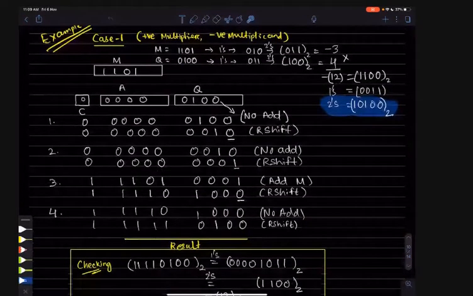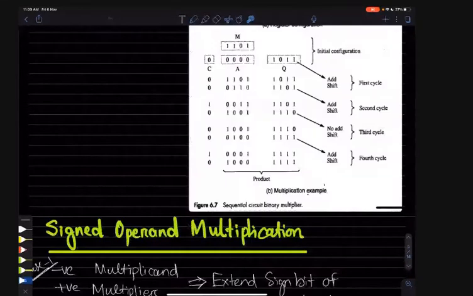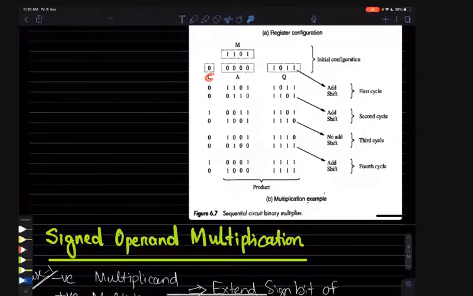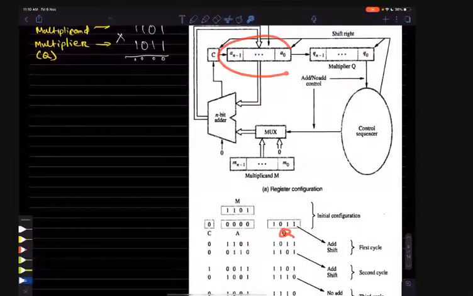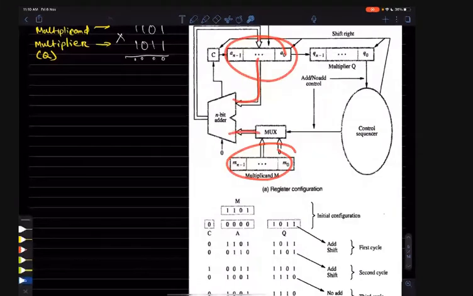What does that mean? We will have a similar arrangement like before. We will have a carry flip flop, the C flip flop, a single bit. We have an A register and a Q register. This is the hardware: an A register, a Q register, a C flip flop, and here is M. M and A will be added if the last bit is a 1.